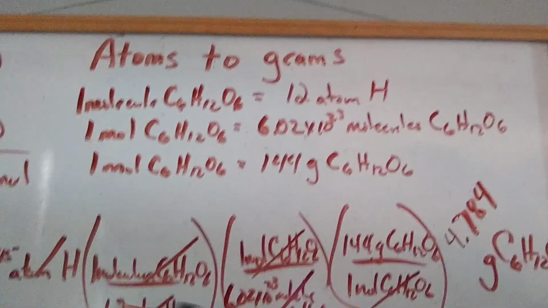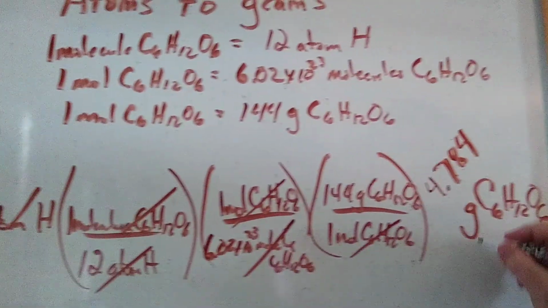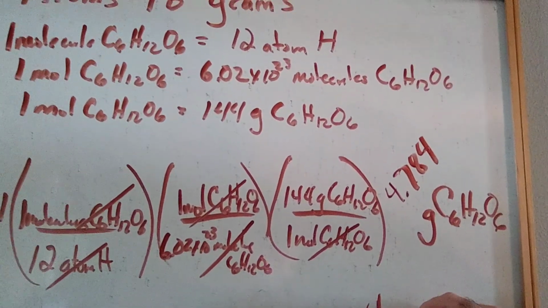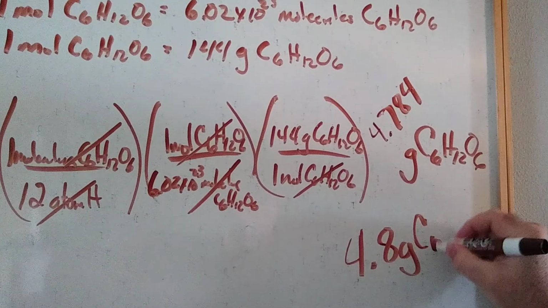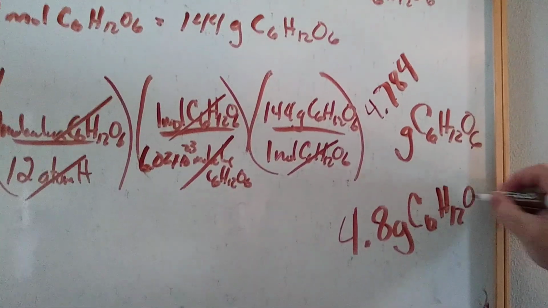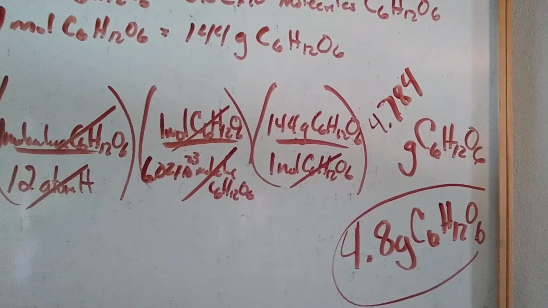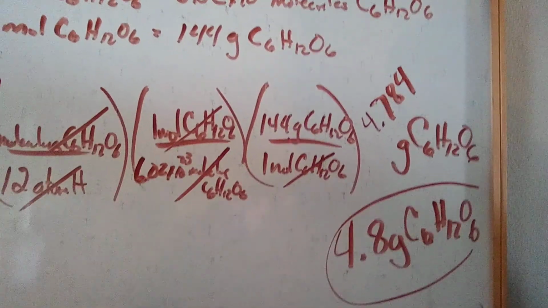I look at my beginning number. I have 2 sig figs. So my correct answer will be 4.8 grams of C6H12O6. And that's how you do that last problem, guys.